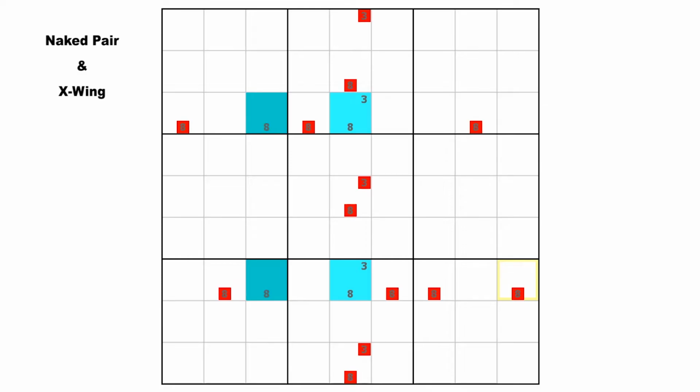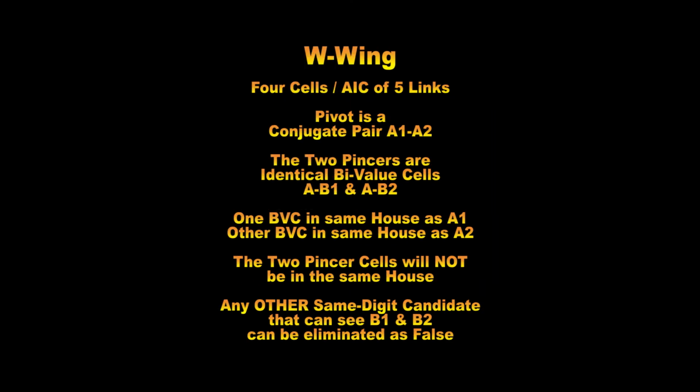Got it? Good. So here are the basic rules for a W wing. There will be 4 cells connected by an AIC of 5 links. The pivot will be a conjugate pair composed of A1 and A2. The two pincers will be identical bi-value cells, AB1 and AB2, with one in the same house as A1 and the other in the same house as A2.